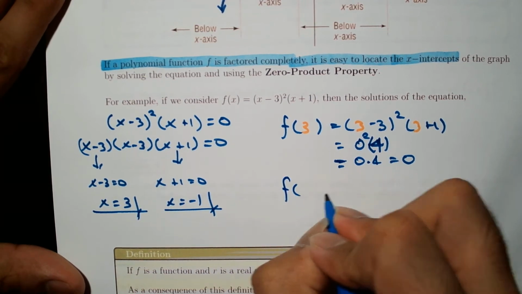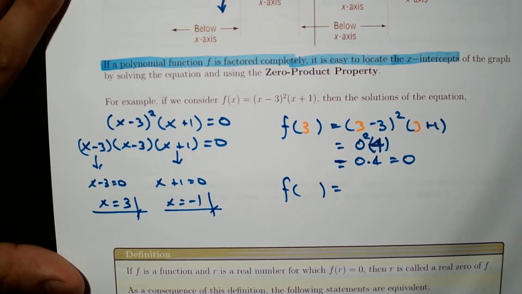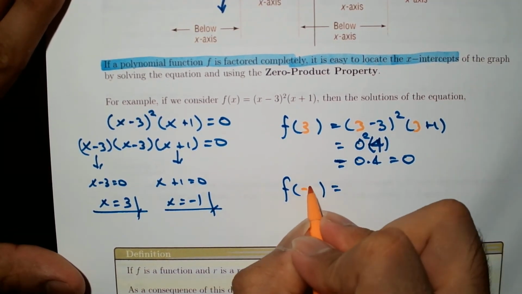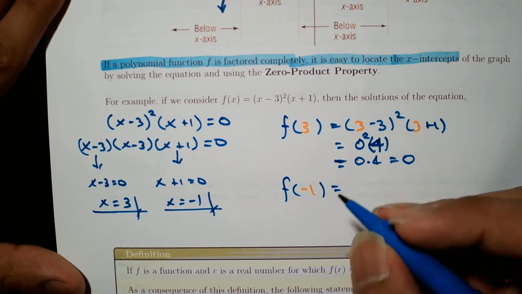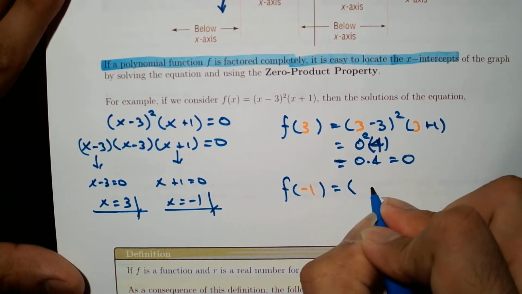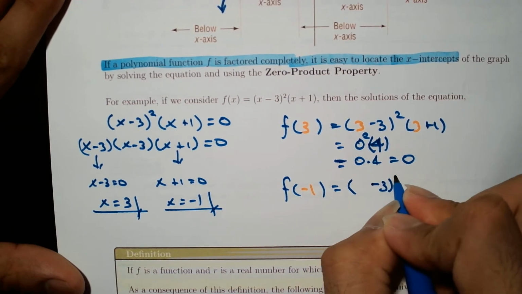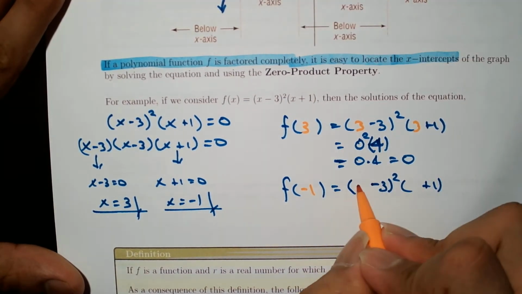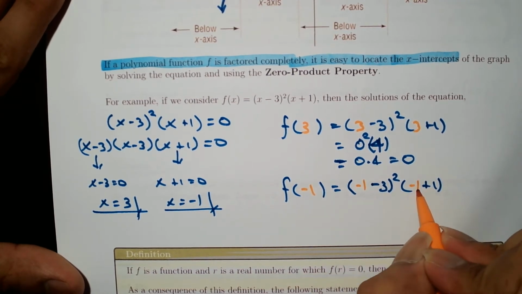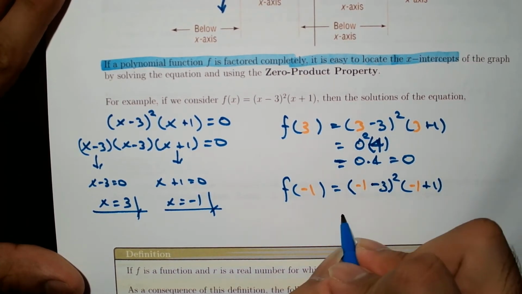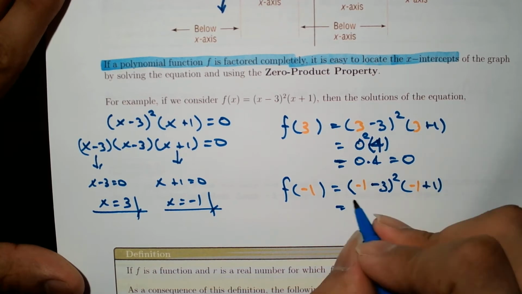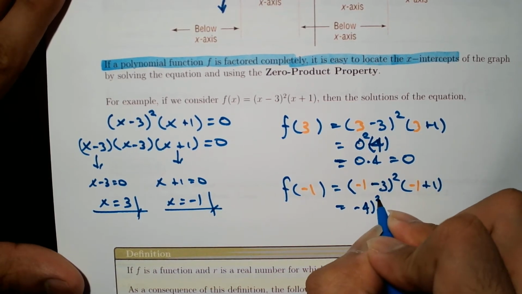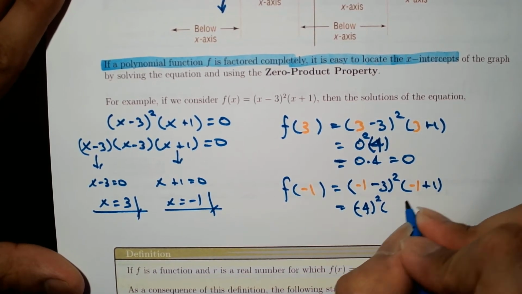And likewise for x equals negative 1, plug in negative 1, we get (negative 1 minus 3) squared times (negative 1 plus 1). So this will be negative 1 minus 3, that's negative 4 squared, times 0.